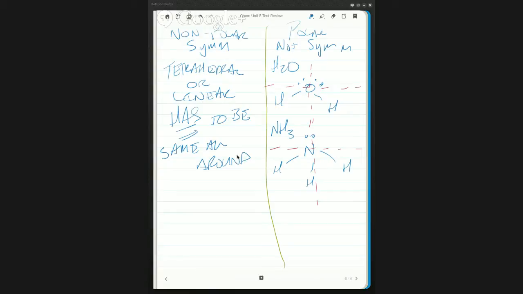It has to be the same all the way around, or both sides, however you want to look at that. But tetrahedral and linear can be polar just as easily if they're not the same all the way around. So you need to make sure that you take a look at the symmetry. Now that's a shortcut way. That's not definitive. It's not like in the rules, oh, it's all going to be just like that. But it will definitely help you if you can find that symmetry.